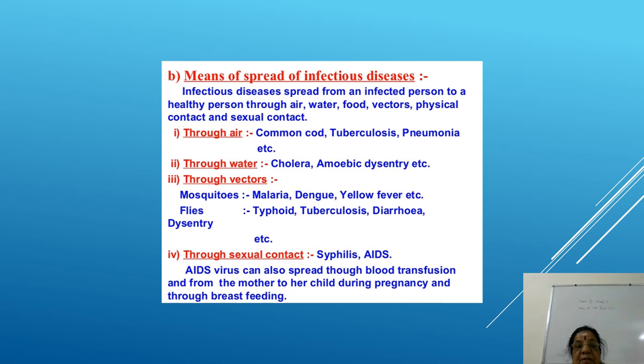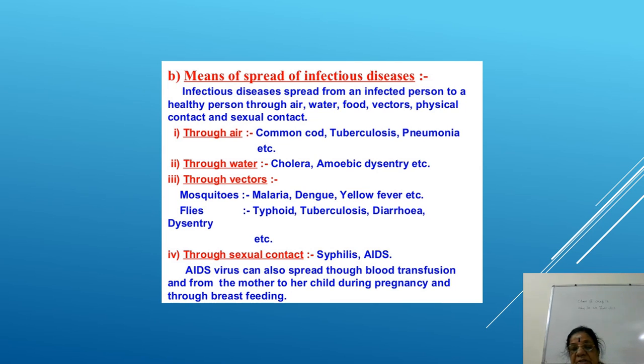In the same way, mosquitoes spread malaria, dengue fever, yellow fever. Then flies, house flies, or any insects, spread typhoid, tuberculosis, diarrhea, and dysentery.